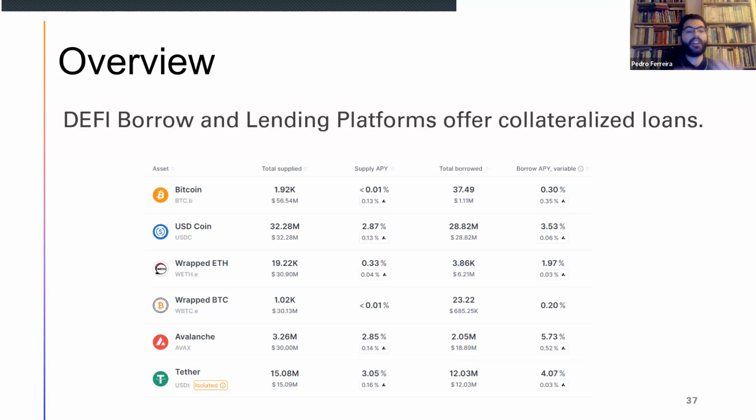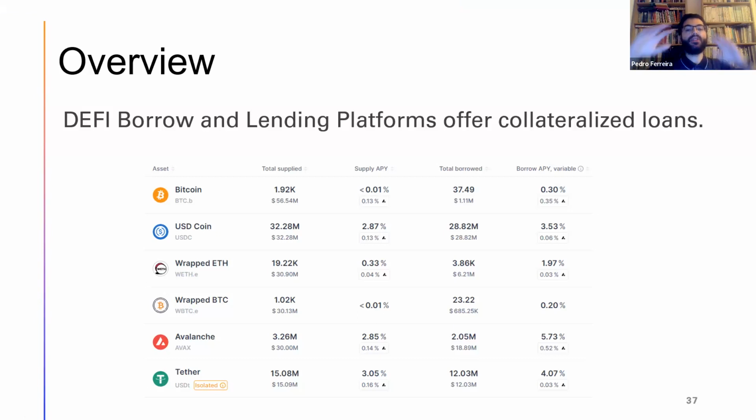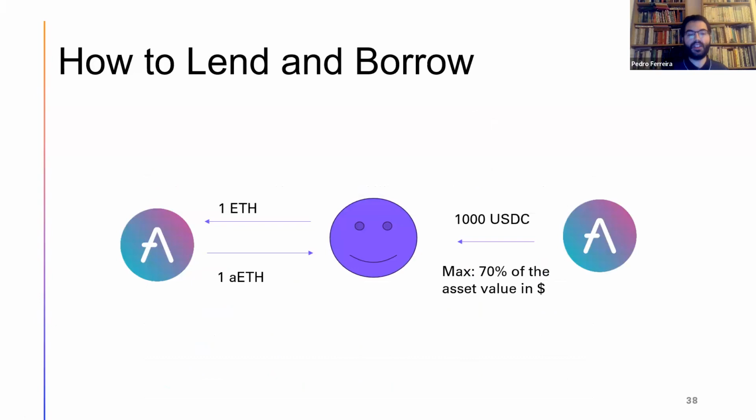And they are not creating more money like the banks. No, it's the same money that they have. It's what they are lending. And in return for your deposit, you receive a representation token of that deposit. For example, you deposit 1 Ethereum, you receive 1 Ethereum.